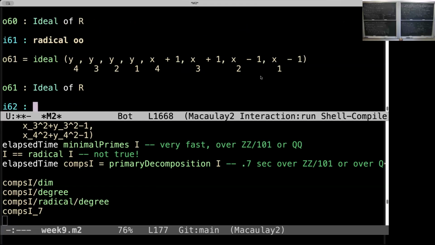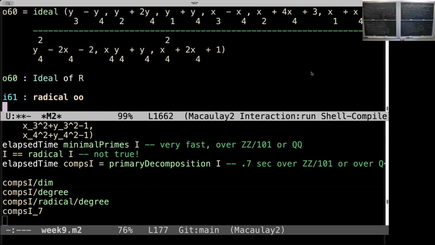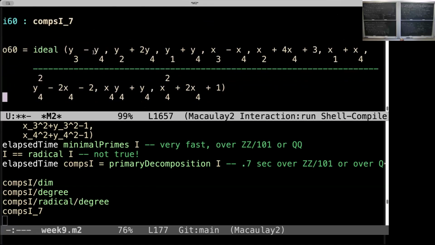So in fact, that means it is primary, right, because any other component would have to be embedded on that. When you take the radical, you could have other things, but they're all going to be larger primes, and there can't be any larger primes. So in this case, this is a prime ideal, and the other one is a primary ideal. It's kind of a big mess.